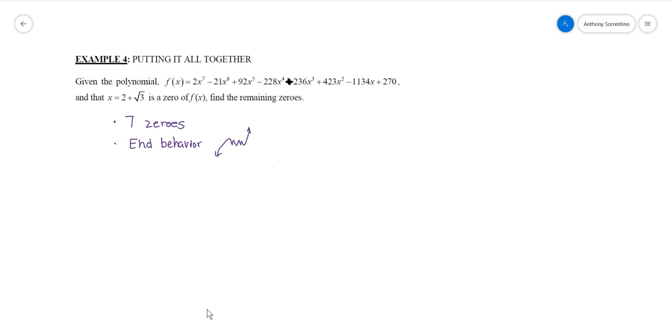If you're not seeing the end behavior working as anticipated, that's a sign that you may need to see more of the graph to make your conclusions. Because it has an odd degree, and I know that any non-real zeros have to come in pairs, and since all these are integer coefficients, which makes them rational, any irrational zeros also have to come in pairs, that means I have to have it.